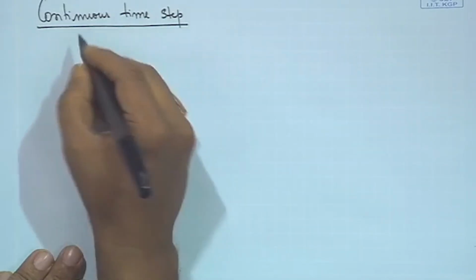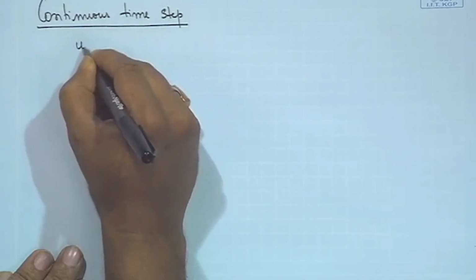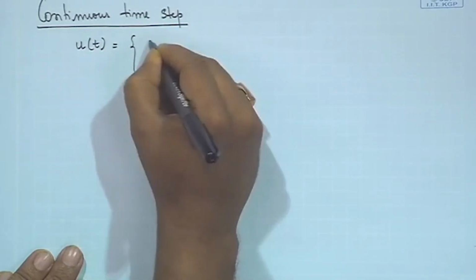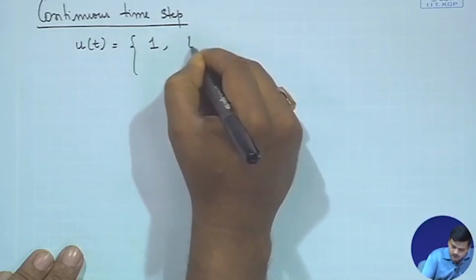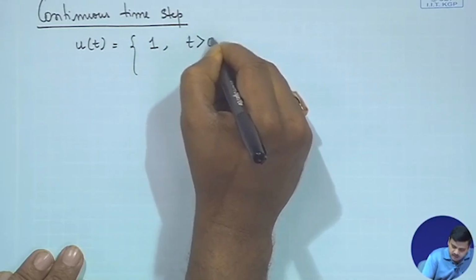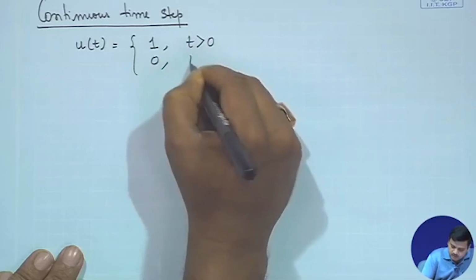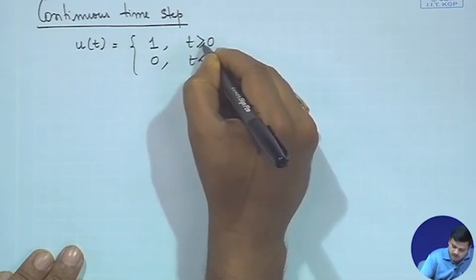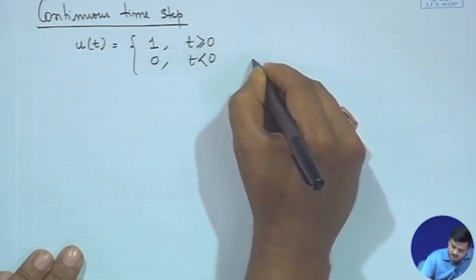There could be various definitions, but this is the definition that we will follow, which will be defined as u of t is equal to 1 for t greater than 0 and equal to 0 for t less than 0, and it is discontinuous at 0.